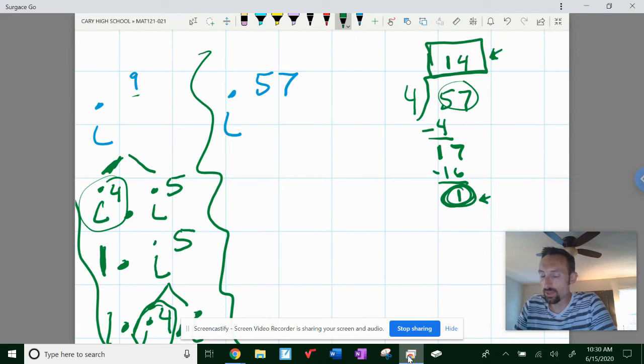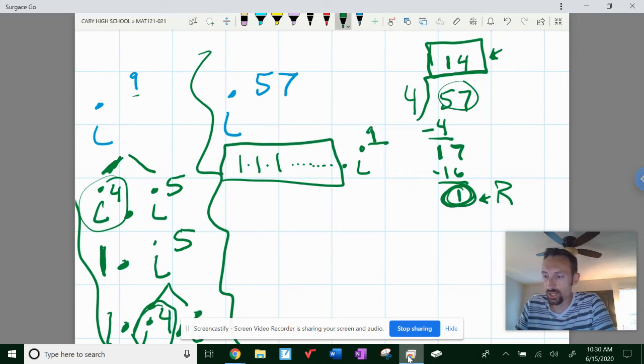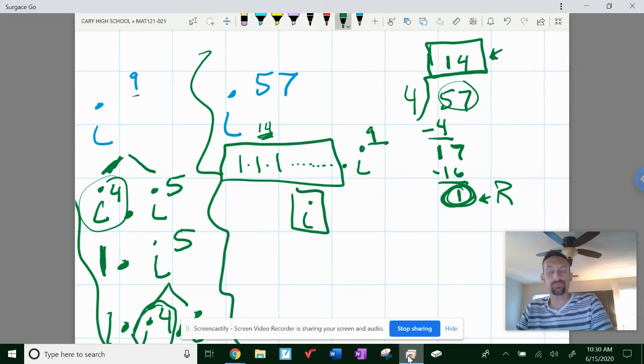And so what this really becomes is 1 times 1 times 1, 14 times, times what's left? Well, i, and the remainder here is 1. So I've got 1 i to the 1 left. And so these 1s are just going to be 1. They're not going to change. Again, there's 14 of them, but it doesn't matter how many of them there are, because 1 times 1 times 1, as many times as you want, is still just going to be 1. So what I'm left with here is just i.